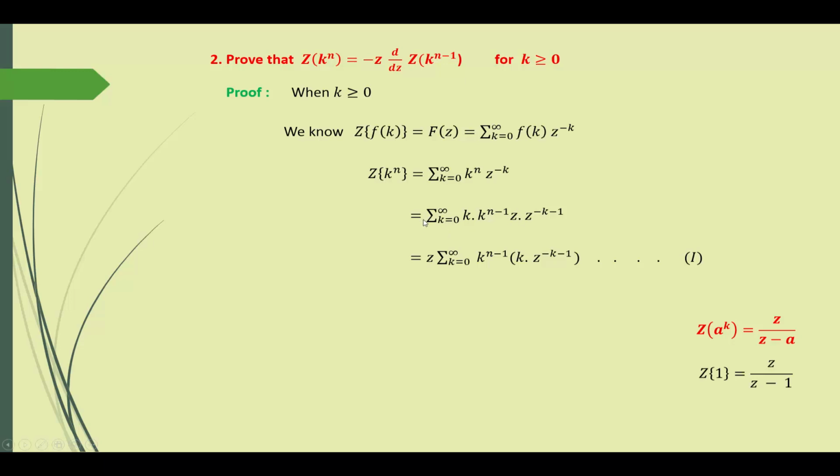So first write z out of this sigma: z into sigma k varies from 0 to infinity k^(n-1) into k into z^(-k-1). Rearrange: z out of this sigma and the remaining term inside this sigma, k^(n-1) into k z^(-k-1). Denote this as equation number 1.